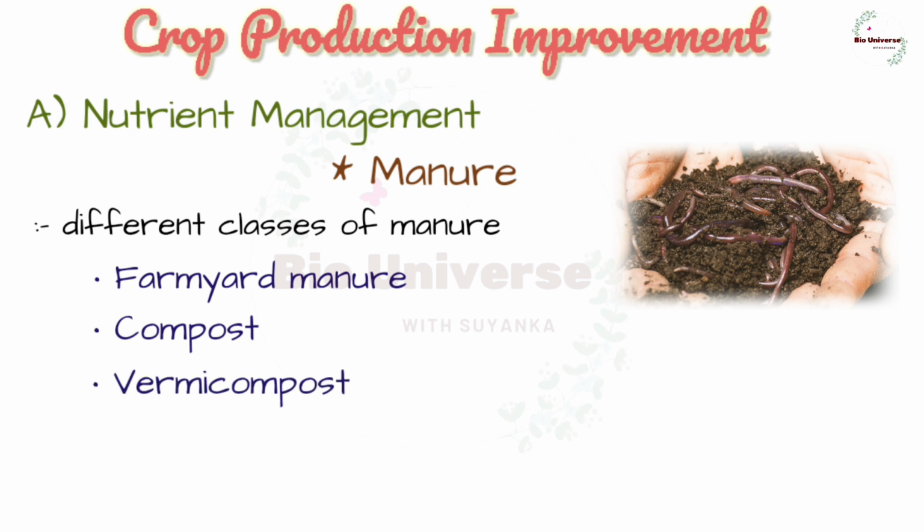Vermicomposting, it is a quicker method of composting. Earthworms are introduced in the heap having organic matter, which is broken down to fine particles. Green manure, it is a manure formed inside soil from young green crop plants ploughed back into the soil.